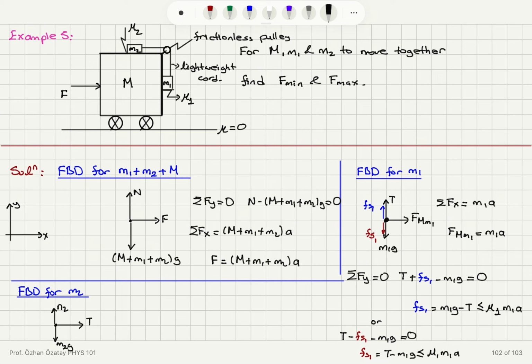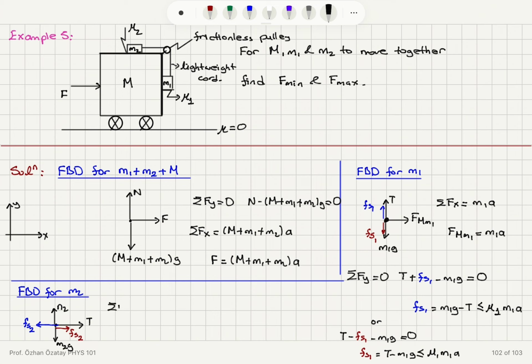If this system is trying to move down, the static friction Fs1 was pointing up on M1 and it would be pointing to the left on M2. So the blue scenario is basically static friction points to the left, and if the system is trying to move up, then we would have static friction pointing down on M1 and pointing to the right on M2. So these two scenarios are coupled.